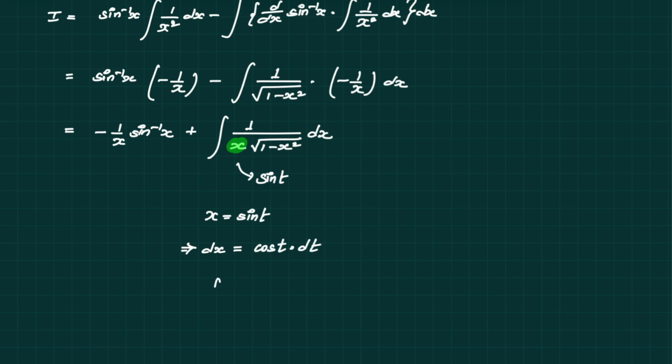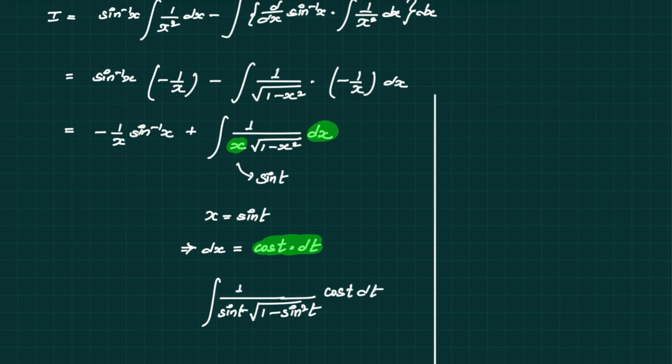Therefore, the second integral will be 1 by the value of x, which is sine t, and square root of 1 minus sine square t, and the value of dx will be cos t into dt from this equation.